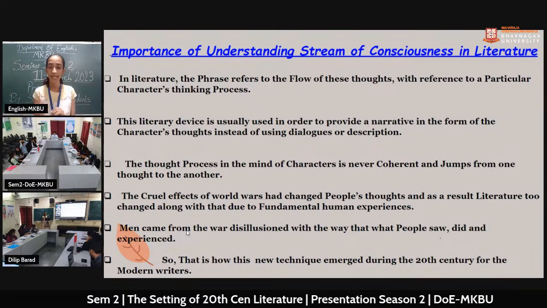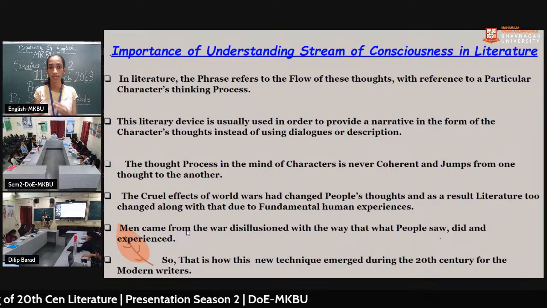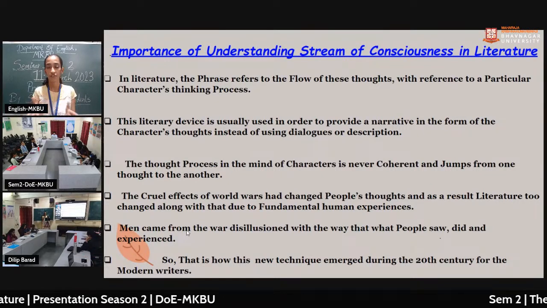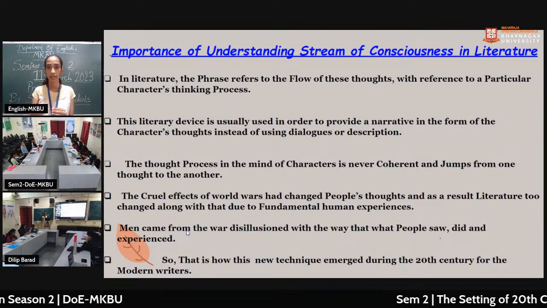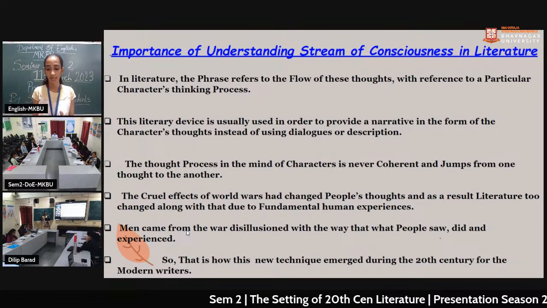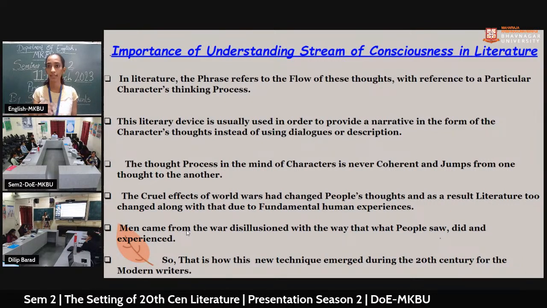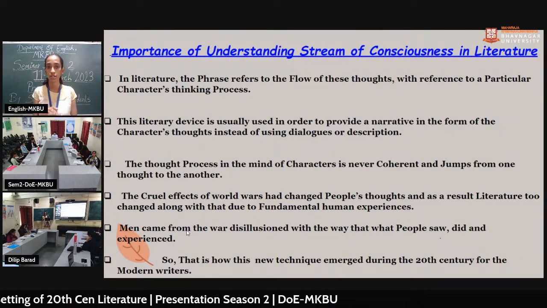The thought process in the mind of the characters is never coherent. Coherent means logical, or we can say continuous, but it is never coherent because it jumps from one thought to another. If it were coherent, then it would be very easy for us to understand.